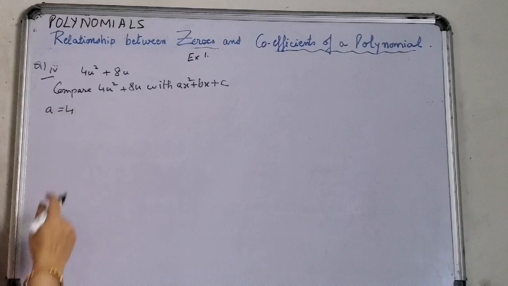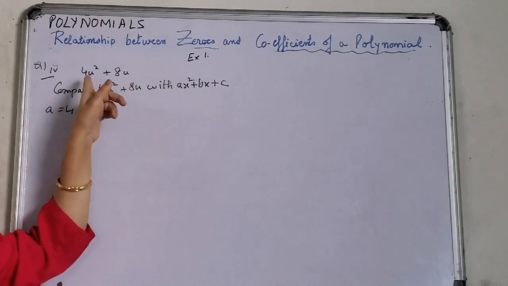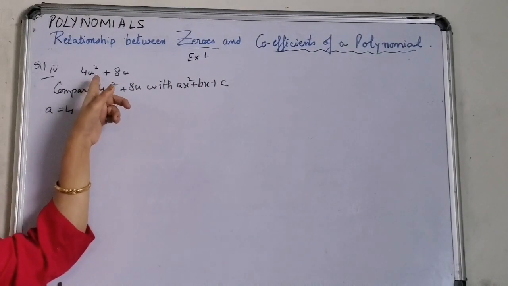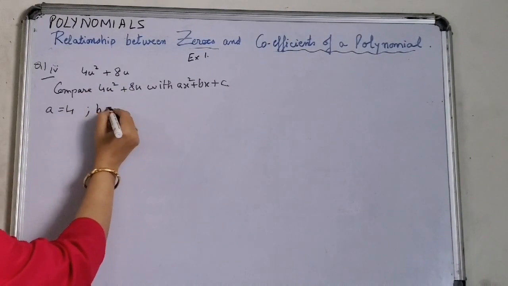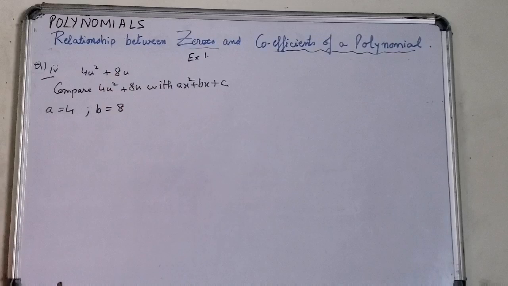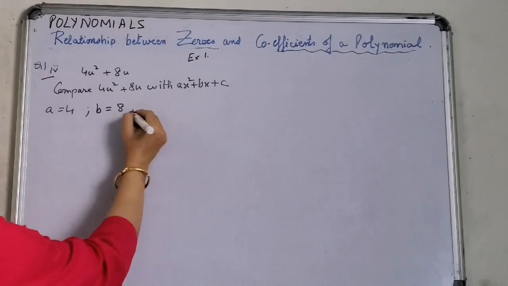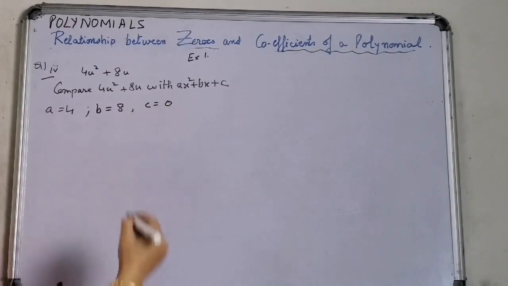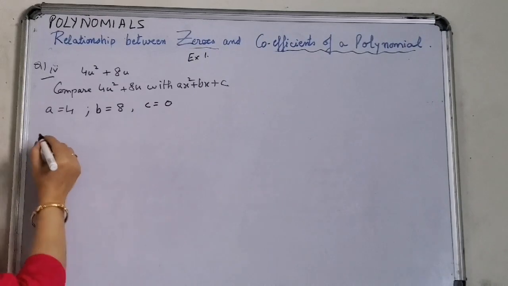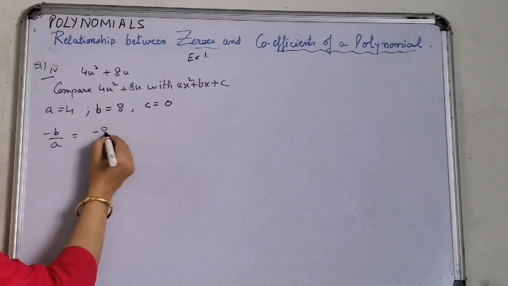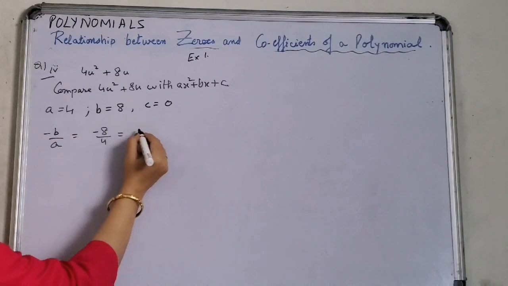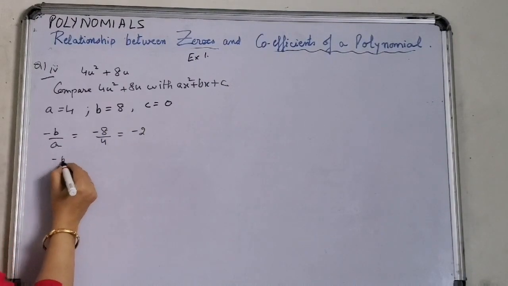Basically, instead of x, they have used u this time, so it hardly makes any difference. B is equal to 8, and since there is no constant term, c will be 0. As we have done earlier, we'll find out the value of minus b upon a. This will be minus 8 upon 4. We cancel, we get minus 2. So minus b upon a has turned out to be minus 2.